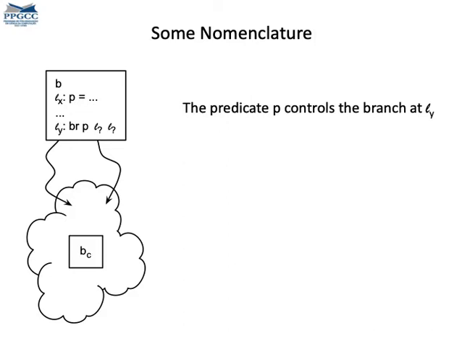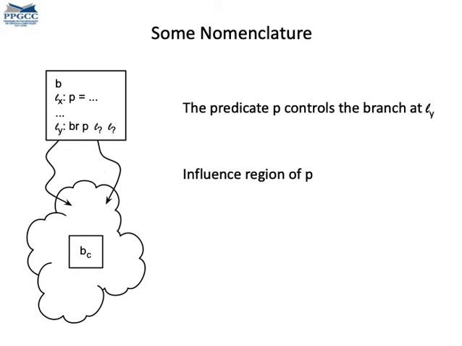We shall mention ly instead of the basic block that contains it, as the same thing. So the Hammock region that's headed by this basic block, B right here, that contains the branch that uses P, will be called the influence region of P. So this is the influence region of the predicate P.